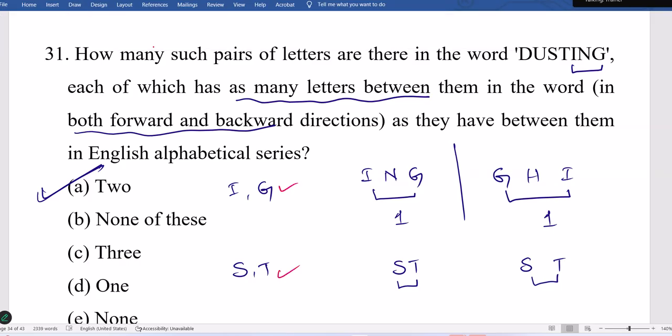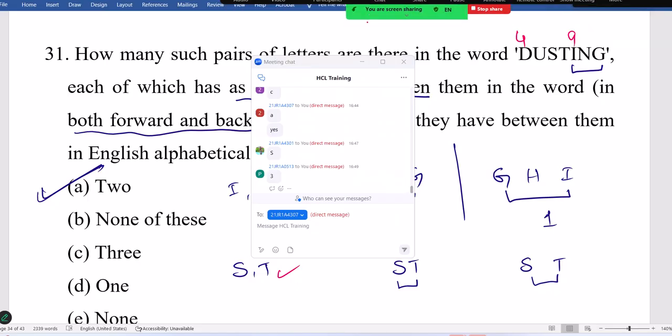Okay, you have to try between D and I. That is also fine: D is 4, I is 9. So in between there are 4 letters, not possible here. What is the third one?